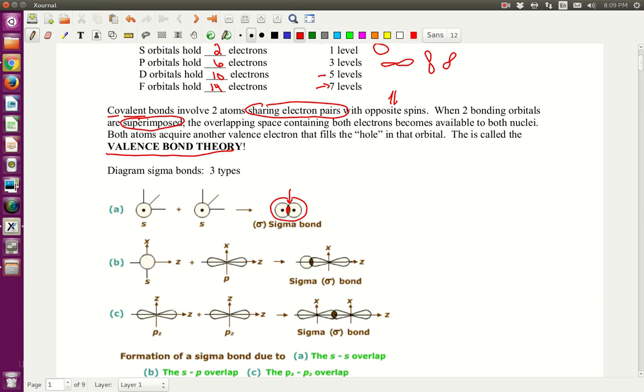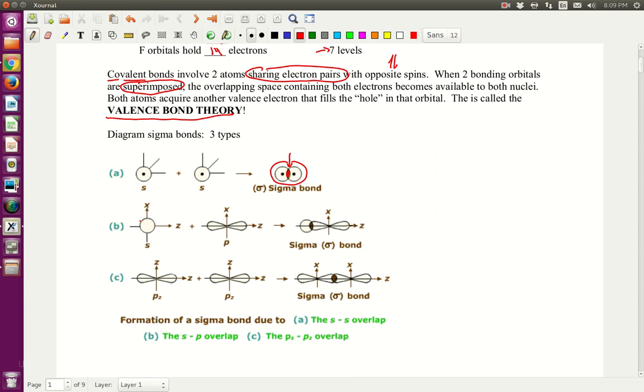Okay, now when we have valence bond theory and we're sharing, we have different ways of sharing. And so there are things called sigma bonds, and we're going to use this Greek letter, sigma. And a sigma bond can happen 3 ways. A sigma bond, first off, is head-on. And we're going to do a little cheer when we get to class about sigma and pi bonds.